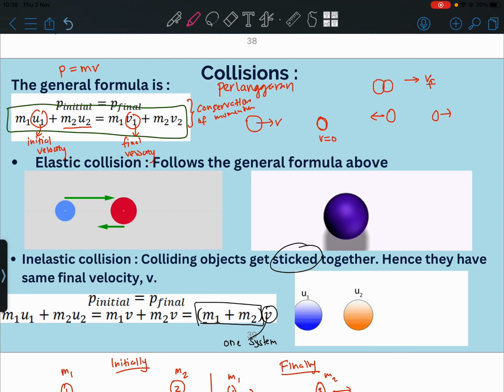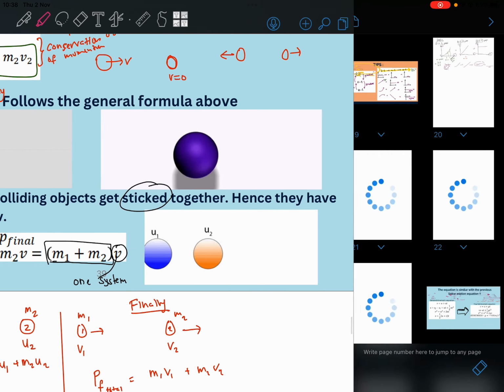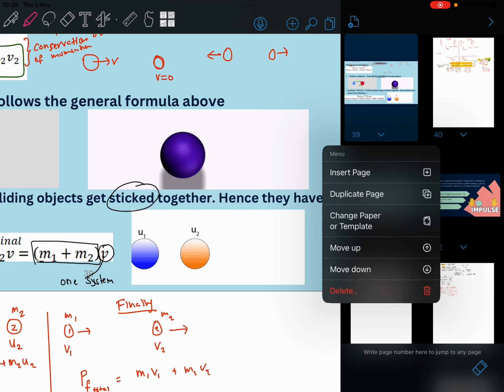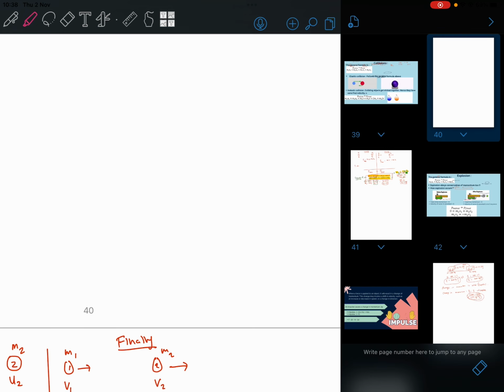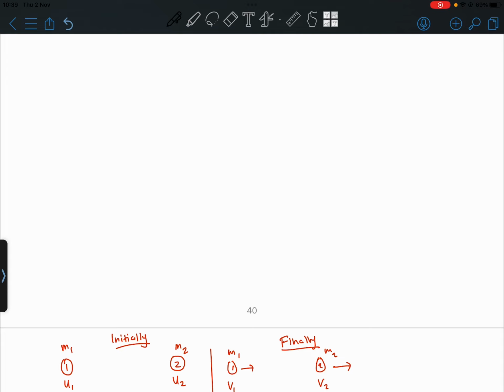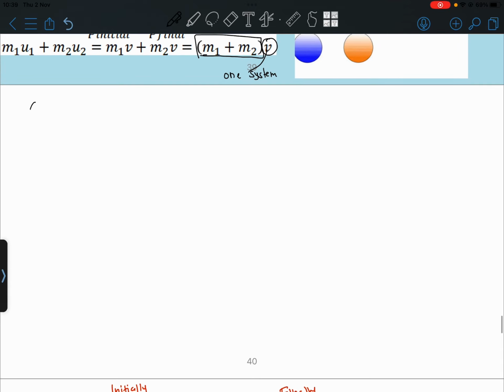The conservation of momentum is very easy. I will write it on another page. So this is conservation of momentum in one dimension. Conservation of momentum states that the sum of the momentum in a system is constant, which means that the final and the initial momentum should remain the same.